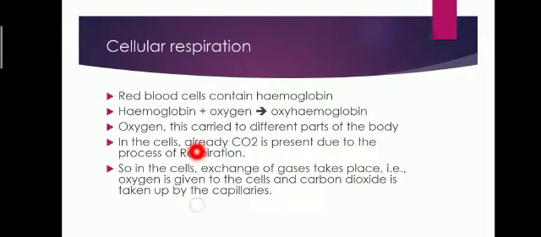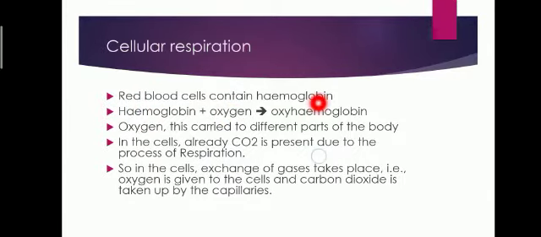Now this blood will give oxygen to the cells and will take carbon dioxide, and again carry it to the lungs. So in the cells exchange of gases takes place, that is oxygen is given to the cells and carbon dioxide is taken up by the capillaries, and then this blood is taken to the lungs, and in the lungs again the exchange takes place. Once again I am just repeating it.